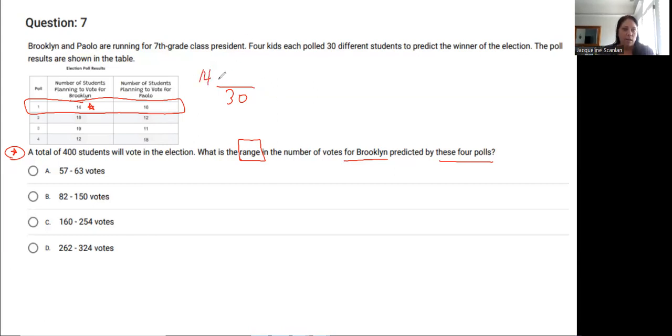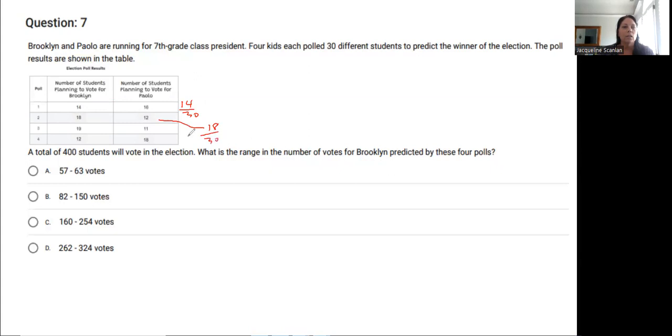Let's write that a little bit more clearly. So she received 14 out of 30 for the first. For the second, she received 18 out of 30. For the third, she received 19 out of 30. And for the fourth, she received 12 out of 30.